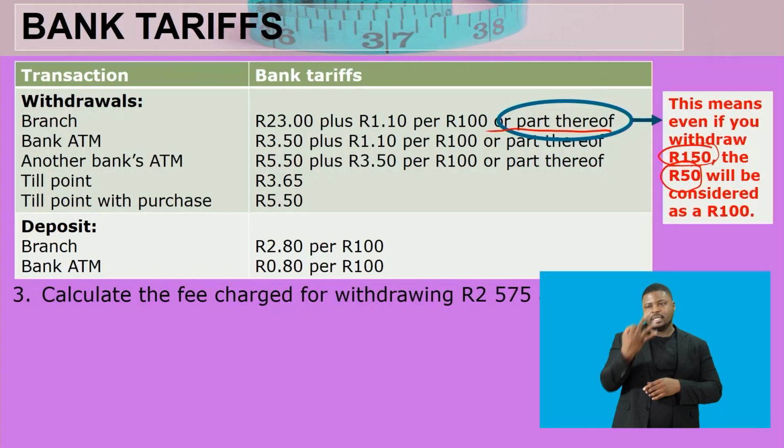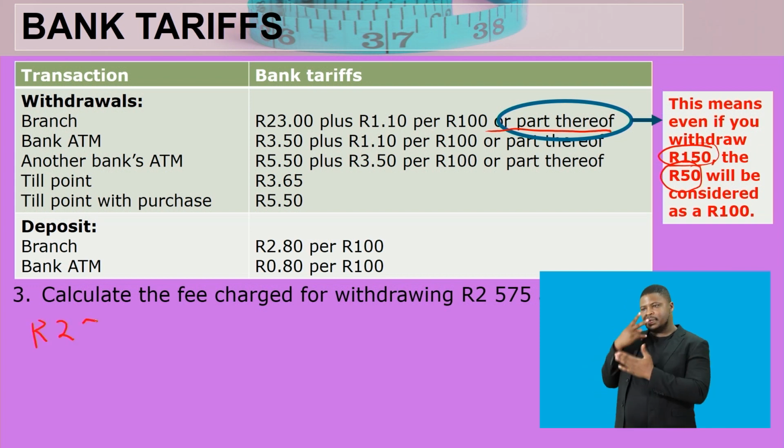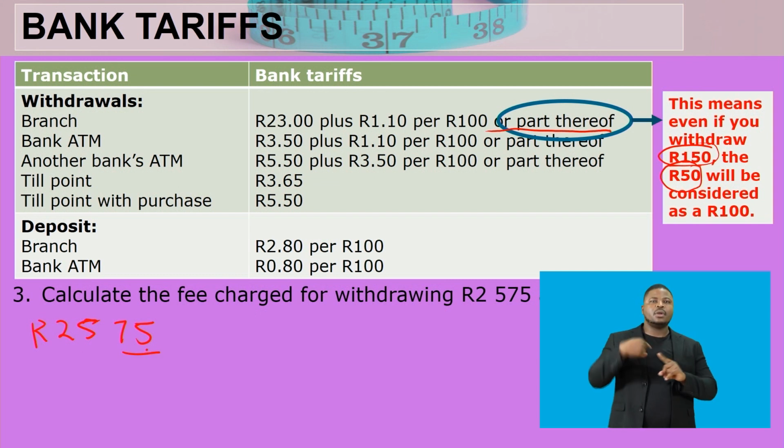Question 3 says, calculate the fee charged for withdrawing 2,575 at another bank's ATM. Already we know that there is 2,500 and there's also 75 Rand. For 2,500, how many 100 Rands do we have?